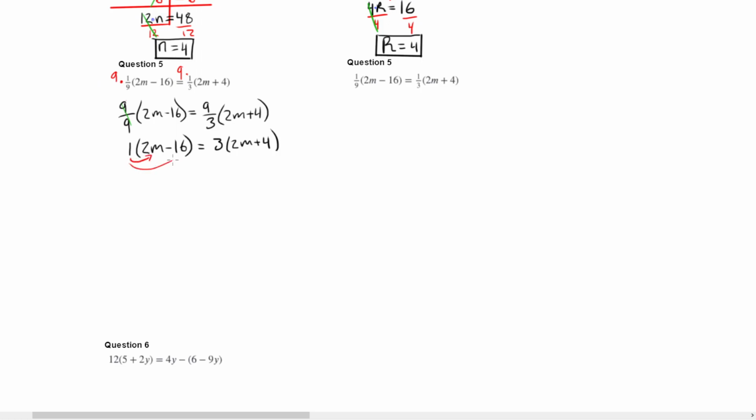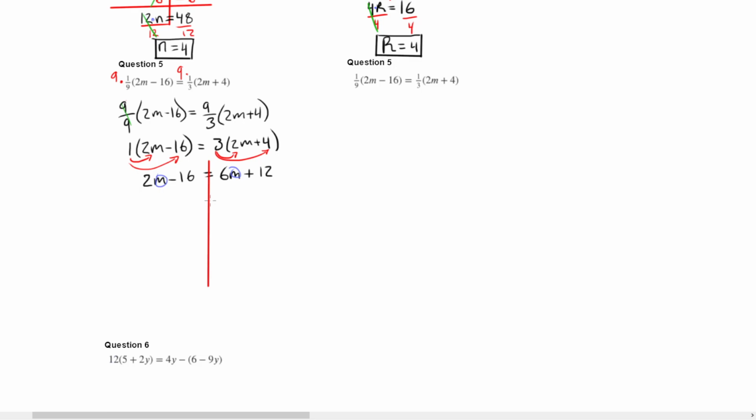Do we really need to distribute a 1? Multiplying by 1 doesn't really do anything, so I'm just going to have 2m minus 16 here. And then here, multiplying by 3 will give me 3 times 2 is 6. Don't forget your m. And then 3 times 4 is going to give me a 12. Now, at this point, I like to draw my balance beam, and I look for my m's.